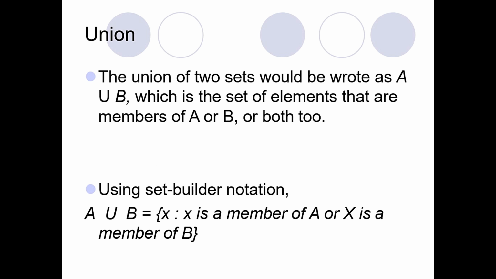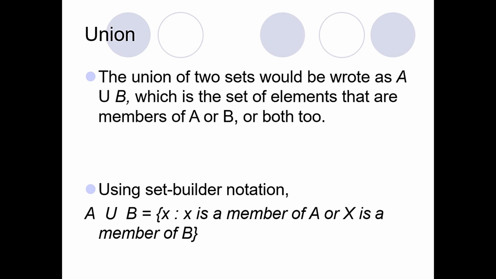Now, let's go to the relationship of sets. We have here the union. The union of two sets is written as A union B, or A ∪ B. That is how you denote it. It is read as A union B, which is the set of elements that are members of A or B, or both.